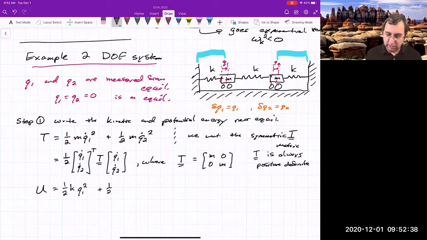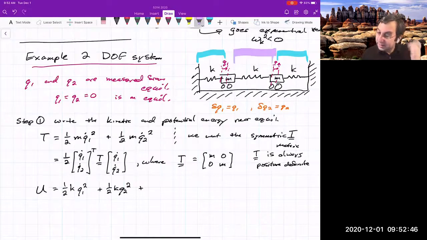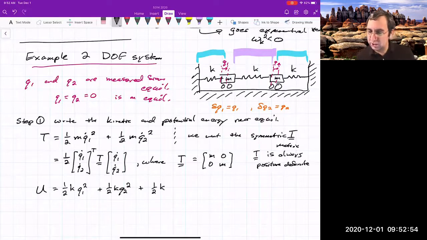So this will be plus 1/2 K Q2 squared. And then, dealing with the troublesome spring in the middle, well, it's not that bad. It's 1/2 K, but then what is the stretch in the spring? It's actually Q2 minus Q1, and that's the stretch squared.